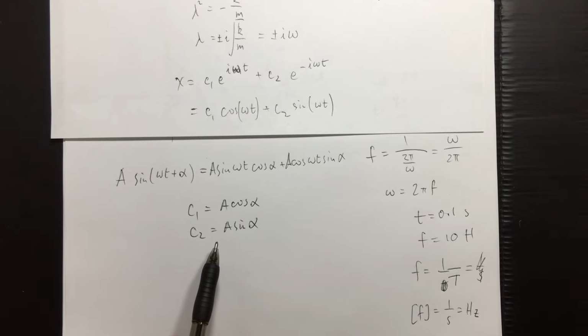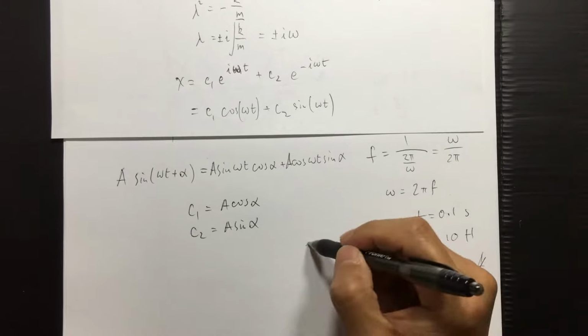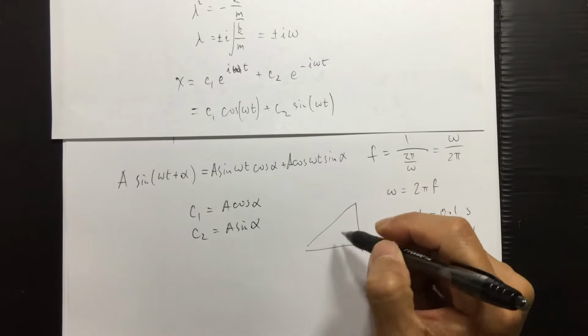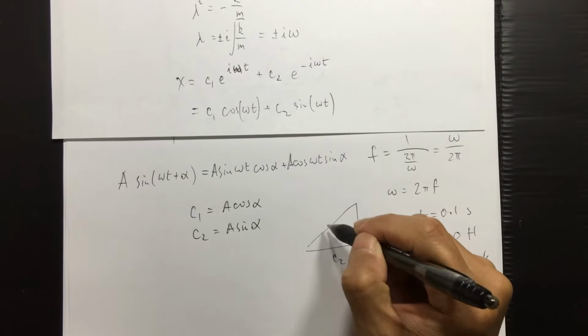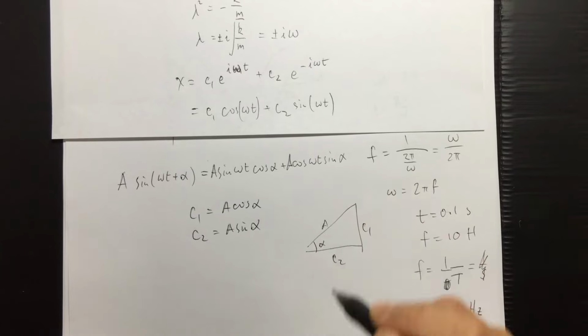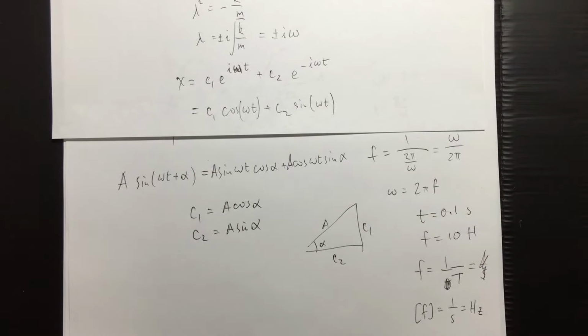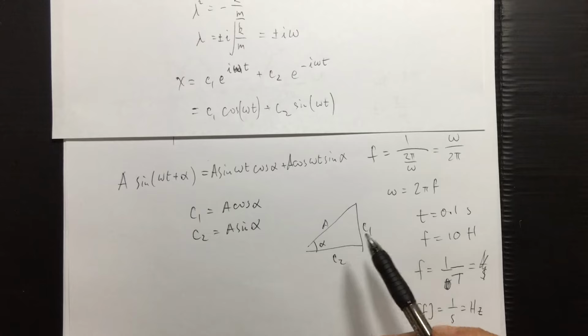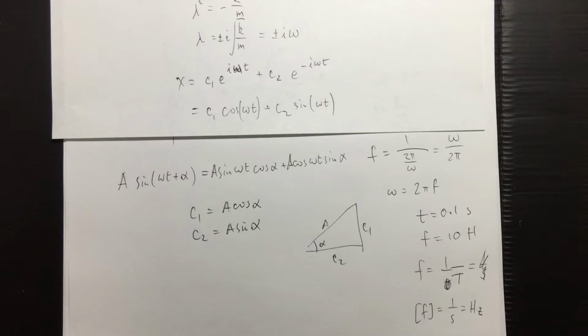So what we're talking about is this situation. This is C1, this is C2, this is A, this is alpha. You have C1 and C2, so you can definitely get A and alpha. You see it?